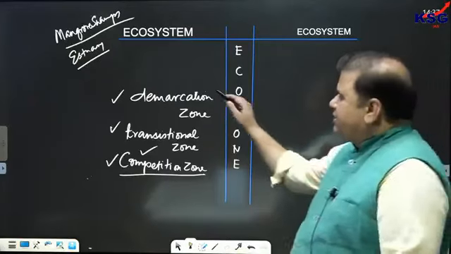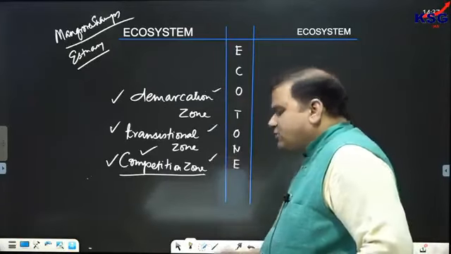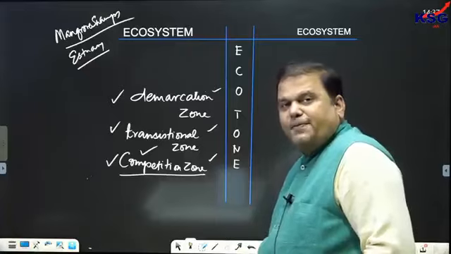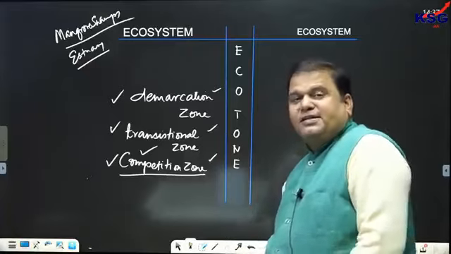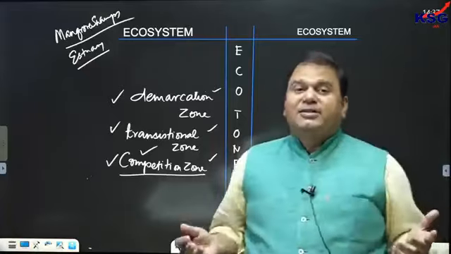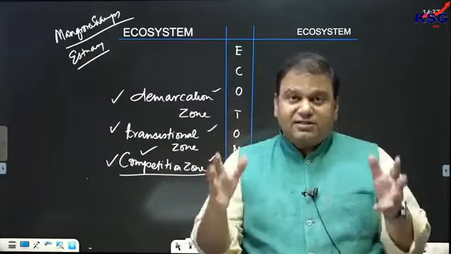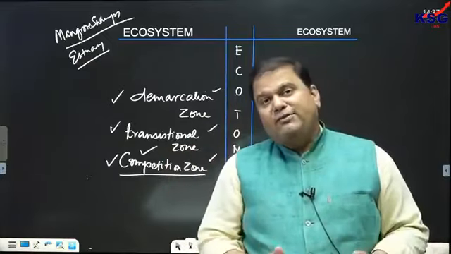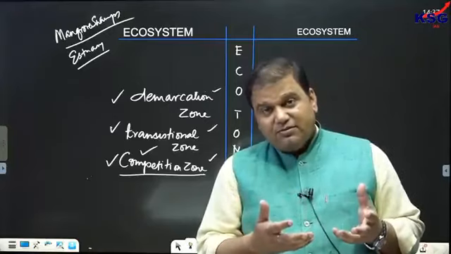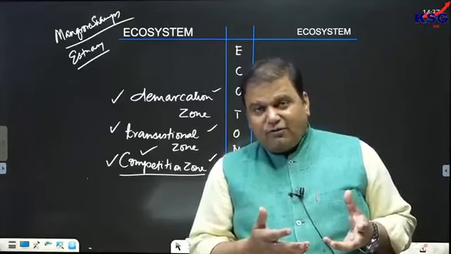And not only a demarcation zone, transitional zone, competition zone, but we can also see that this area would be registering high ecological productivity. Ecological productivity means the rate at which photosynthesis is performed. And why? Because the biodiversity of this area is very high. Clear? Write down.